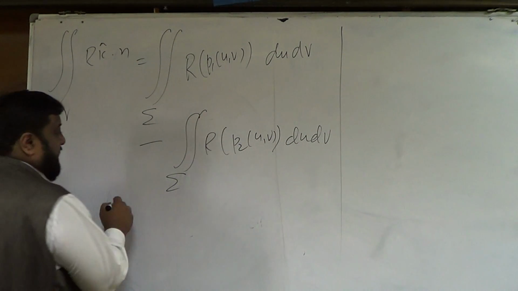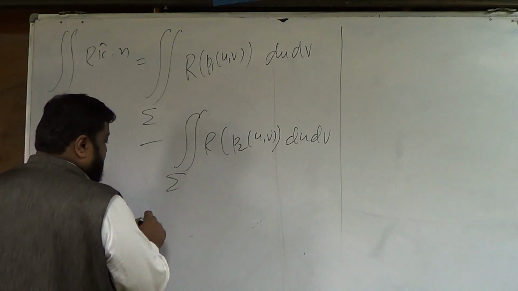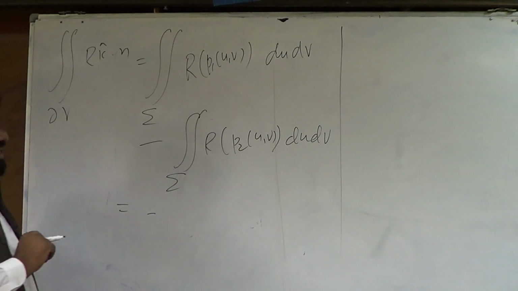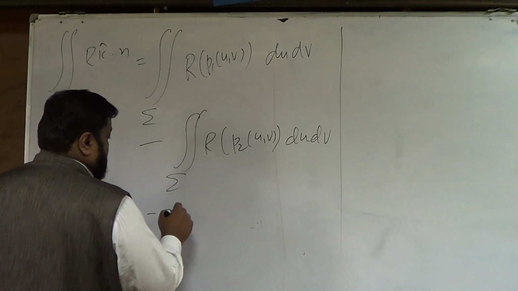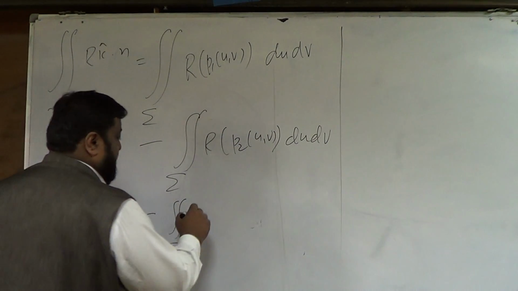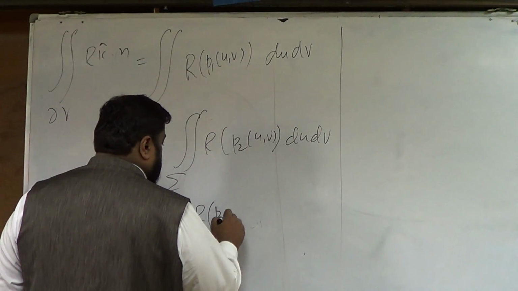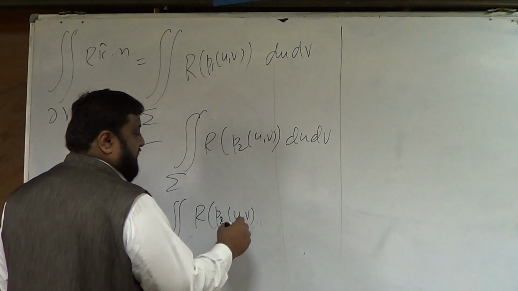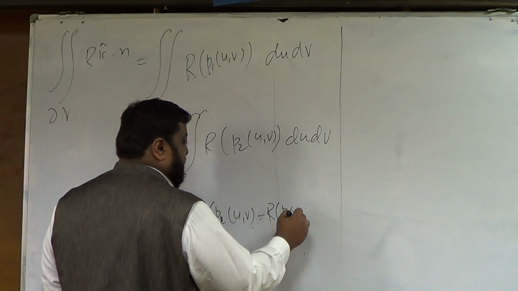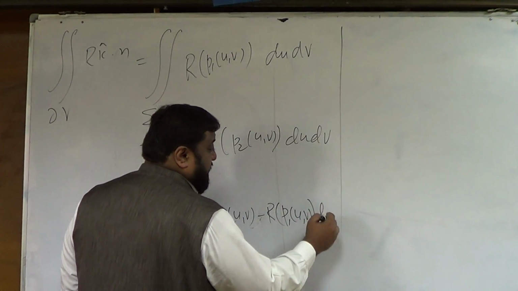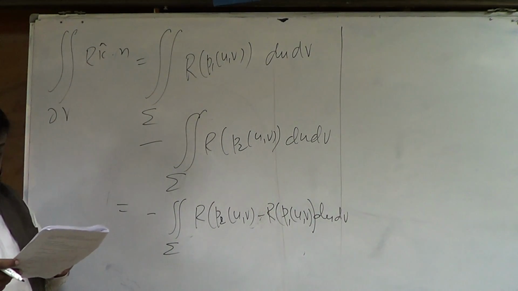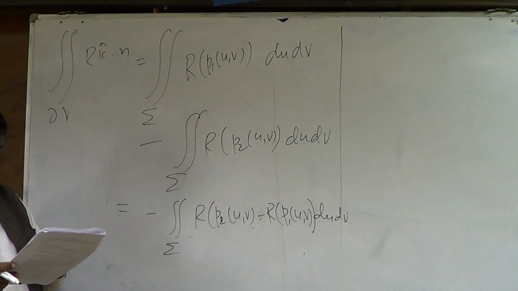Okay? I can rewrite this, if I combine them, as minus the double integral over sigma of R of P2 UV minus R of P1 UV du dv. Agreed? Okay? Is it making sense?